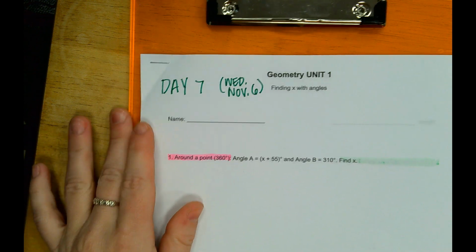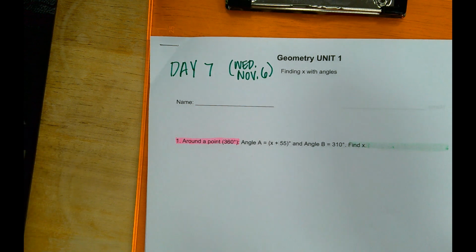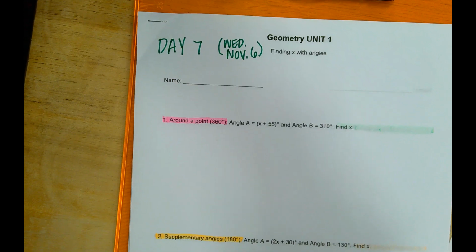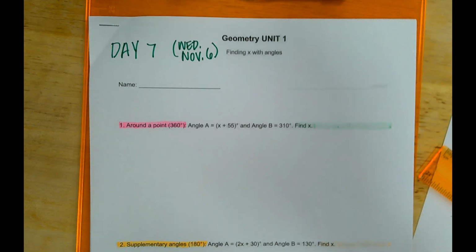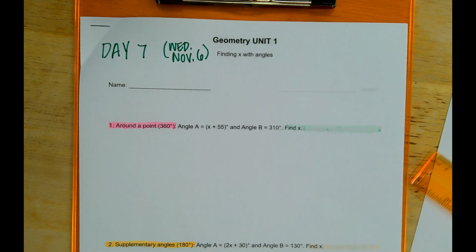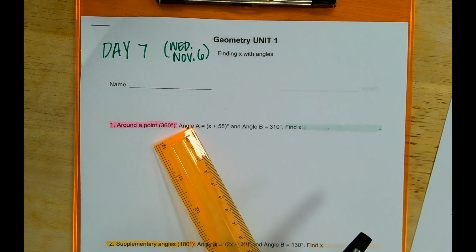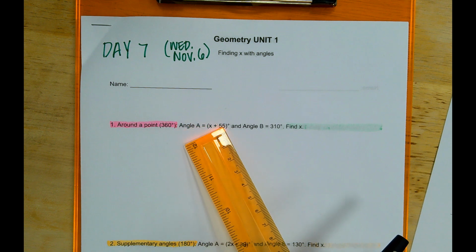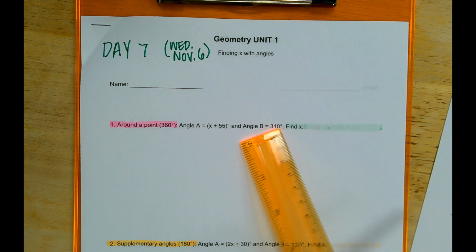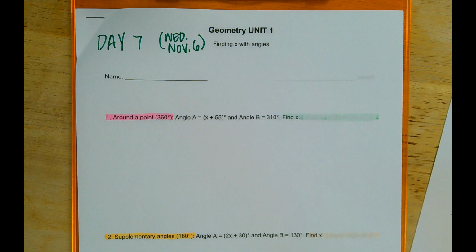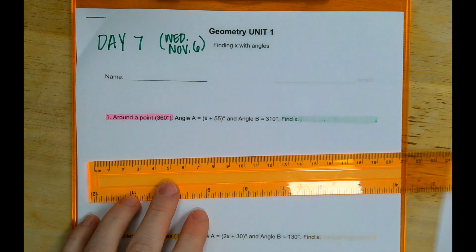All right. So number 1, we've got angles that are around a point, 360 degrees. Angle A is x plus 55. Angle B is 310. How could I start drawing this picture? We should start with just a line, because it's going to do full circles.